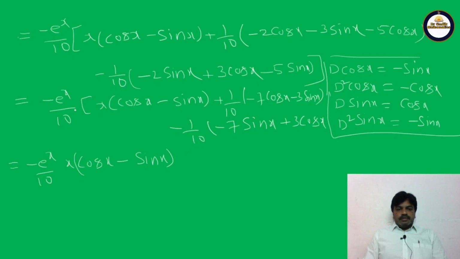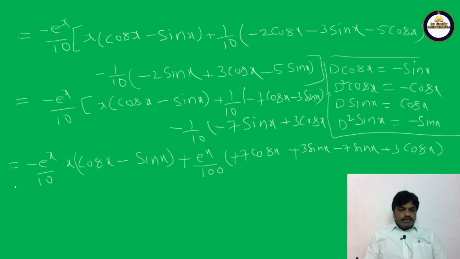Now multiply minus into plus, minus e power x by 10 into 10, 100, bracket. Here also we can take in common e power x by 100, friends. So we get minus 7 cos x minus 3 sin x, okay, minus 7 sin x plus 3 cos x, bracket close.